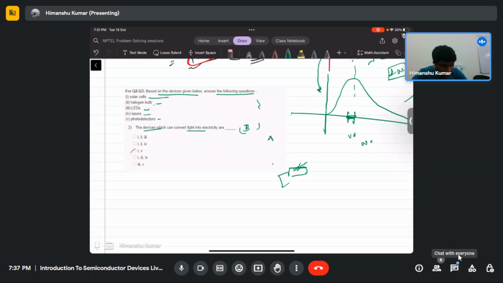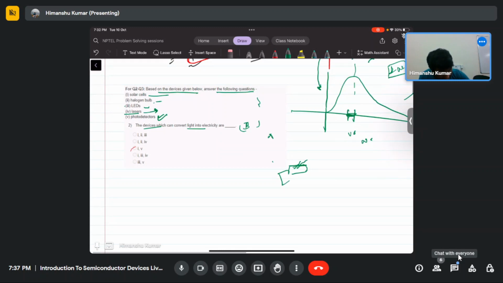LEDs are for a different purpose and a different regime of operation, generating light based on voltage application. Fourth is lasers. Lasers, as you know, are used for generating light of very high intensity, so those are also not devices which convert light into electricity, while the photodetector can. As we discussed before, the correct answer for this will be first and fifth.